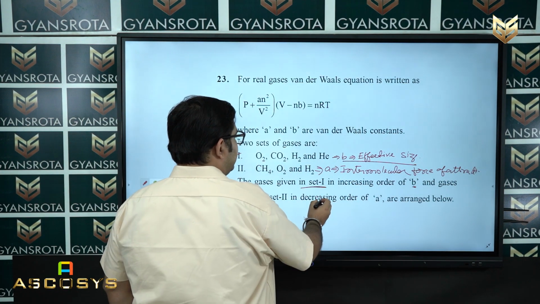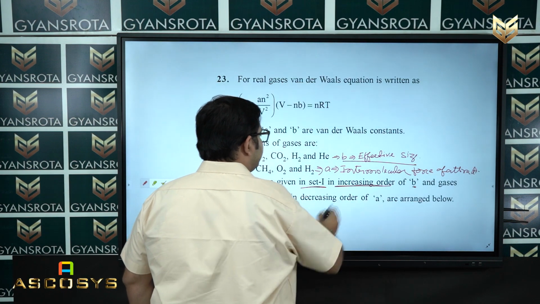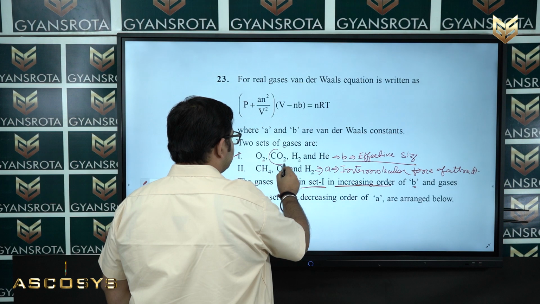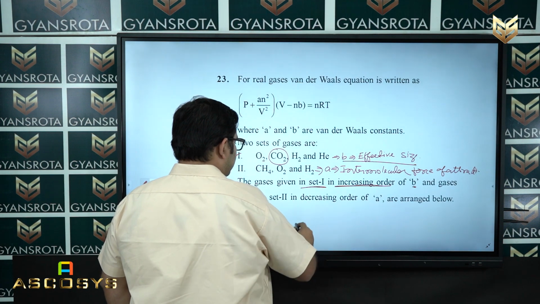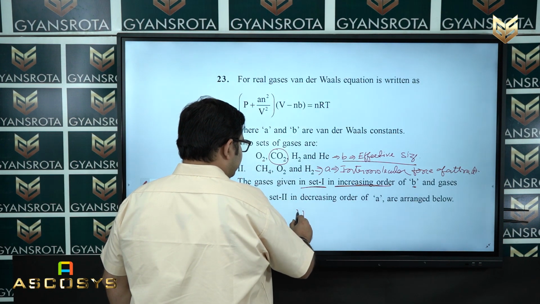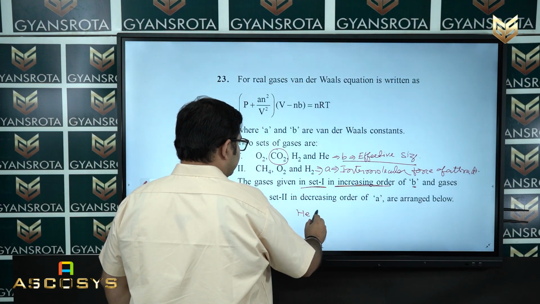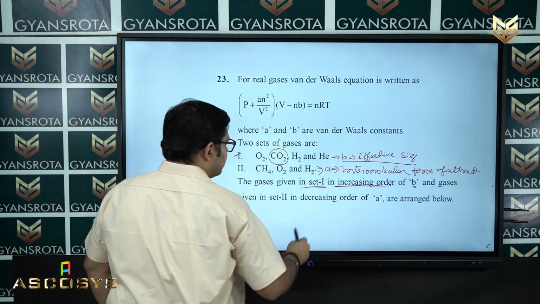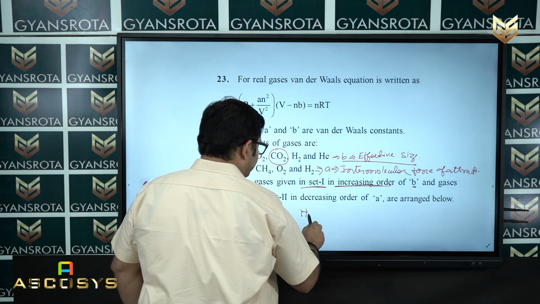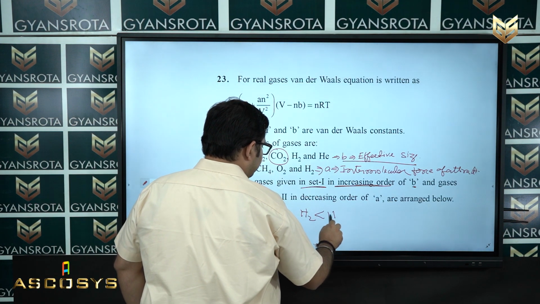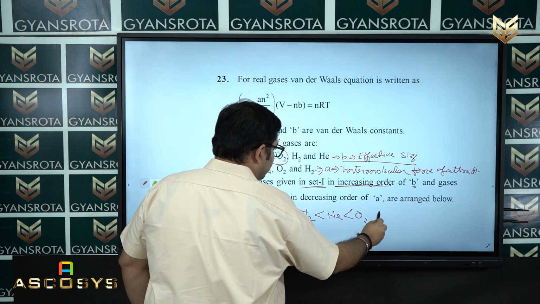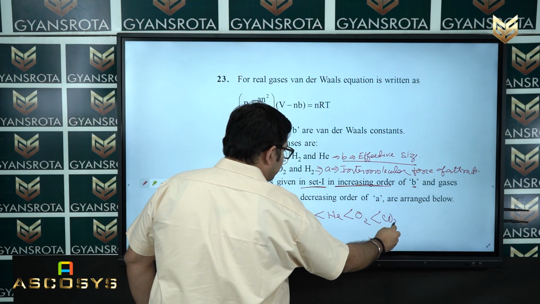Now, in set 1 they are giving an increasing order of B. If you see among these, the highest goes to CO2. The order looks like this: helium, then your hydrogen, then your O2, then it will go to CO2.